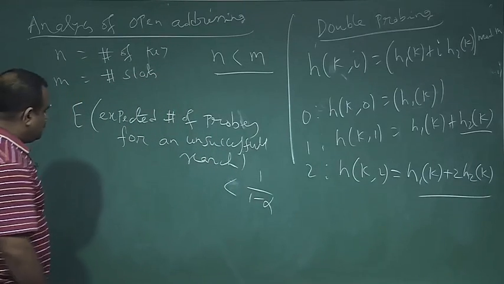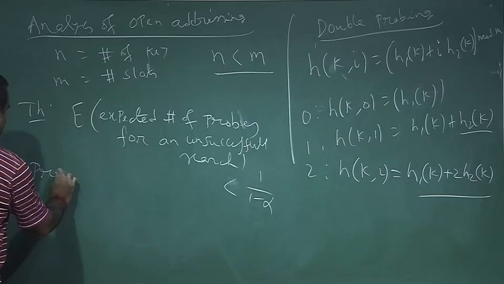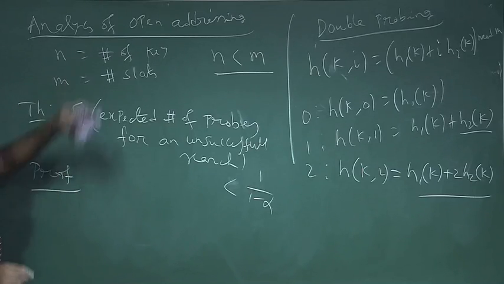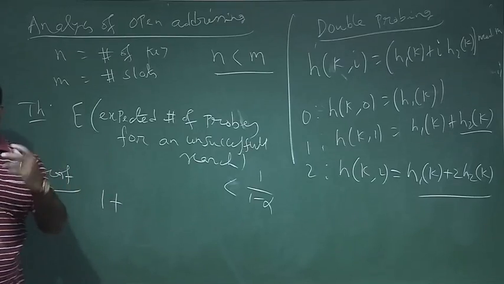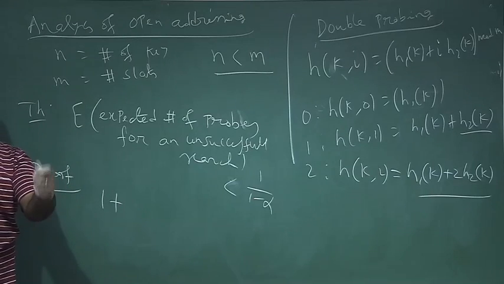So, we need to prove this. How to prove it? Suppose there are n keys. One probe is mandatory, since we need to apply the hash function. Then we go for a second probe if it hits an occupied slot.